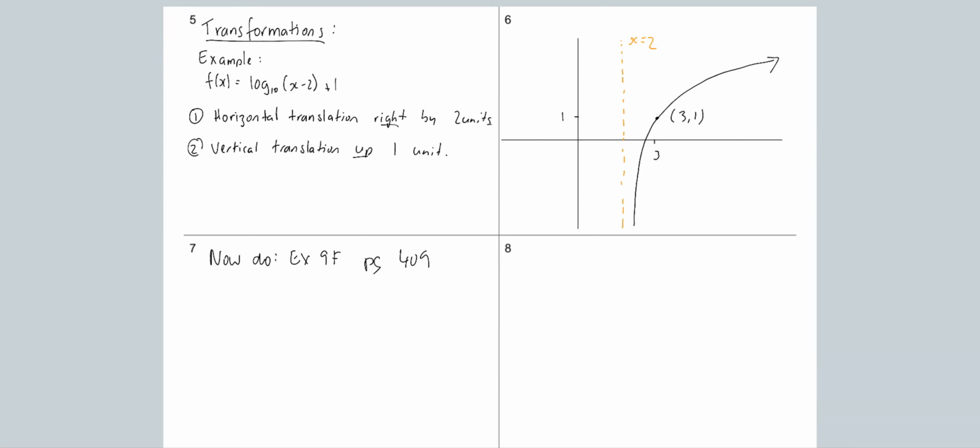So in other words, 1, 0 has translated to 1 plus 2 and 0 plus 1, which is 3, 1. So the point 1, 0, which is on the parent graph, the base graph, has translated to 3, 1.